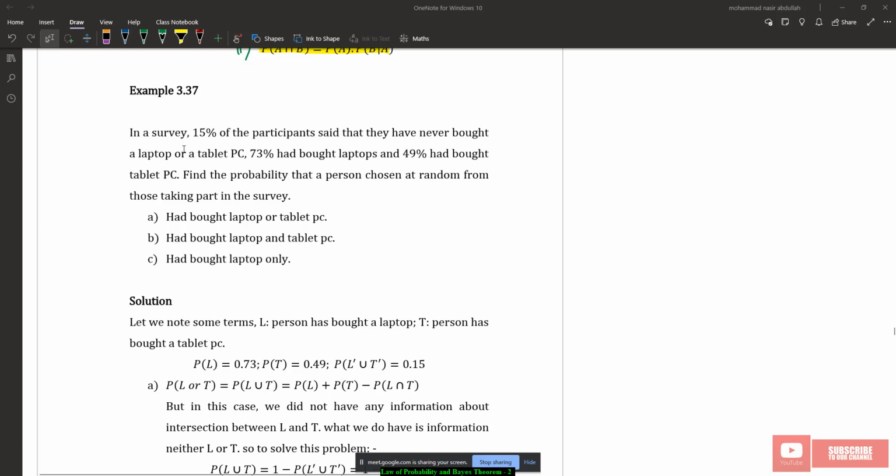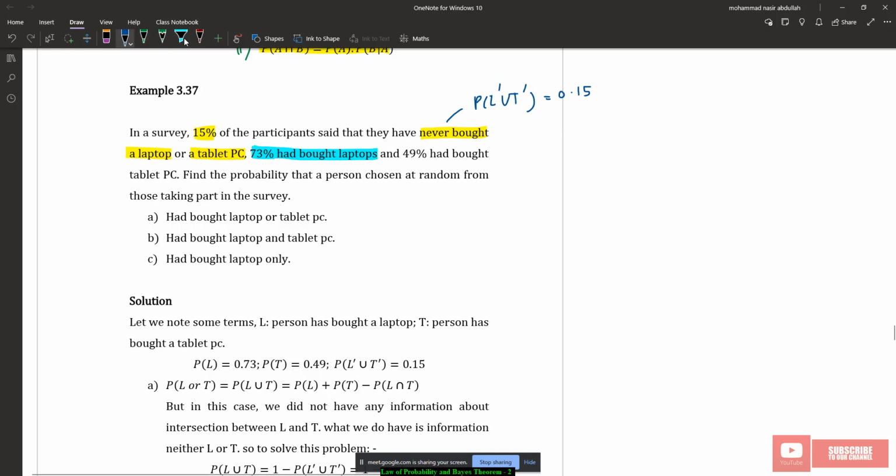3.37. In a survey, 15% of the participants say that they have never bought a laptop or a tablet PC. Means that probability of laptop complement union tablet complement is equal to 0.15. And then let's look at the next statement. 73% bought a laptop.